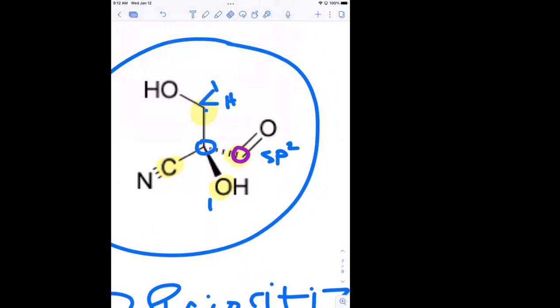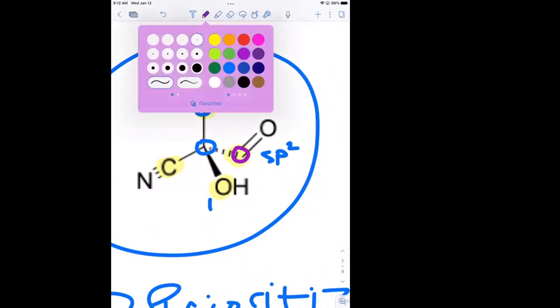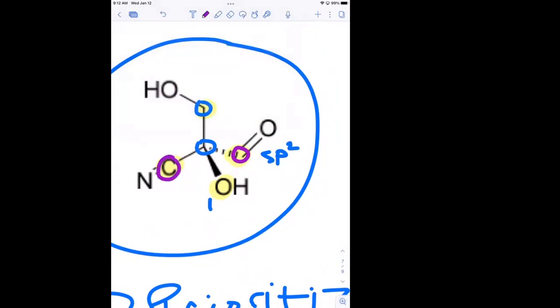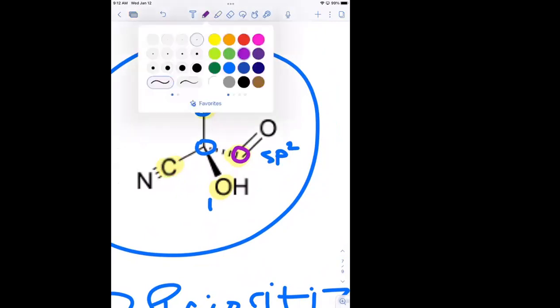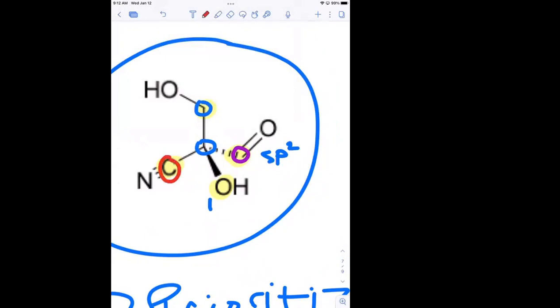This carbon up here, we erase these hydrogens because they're understood, has a single bond to oxygen. And this carbon over here has a triple bond to nitrogen.